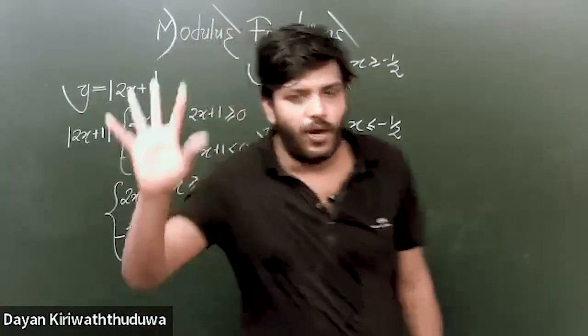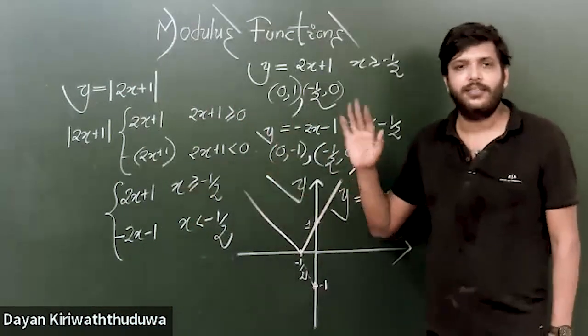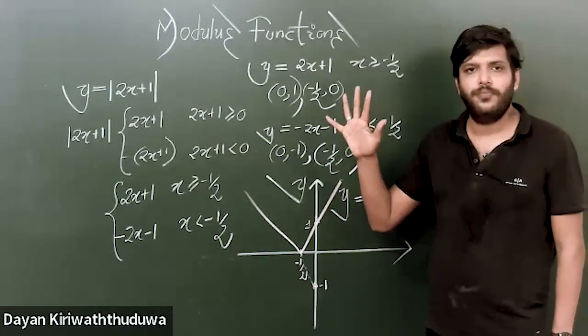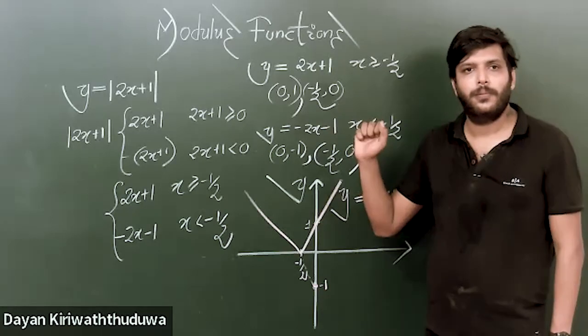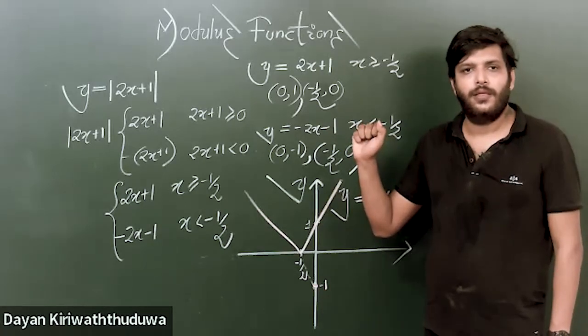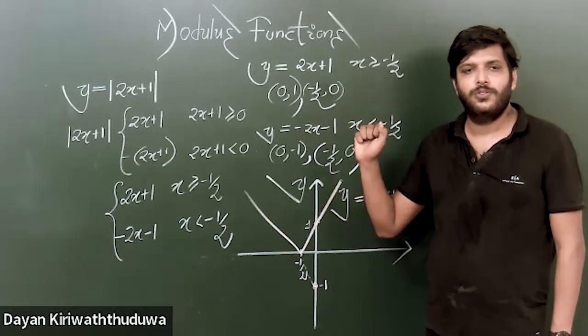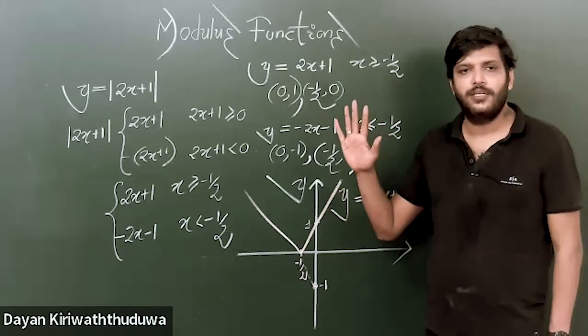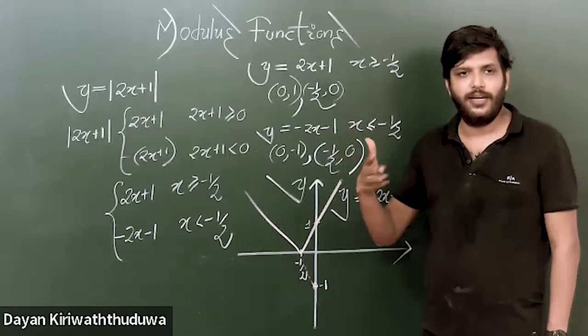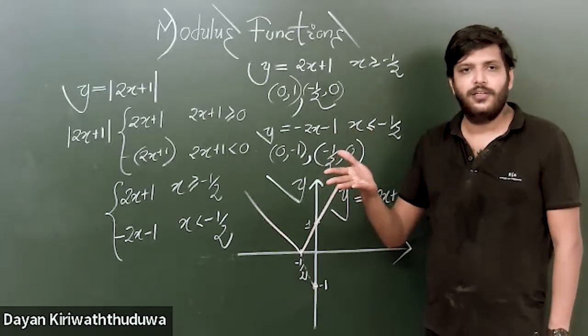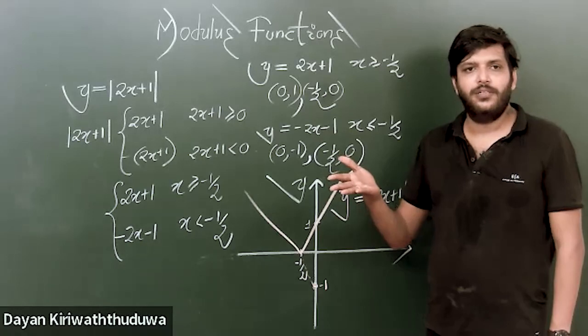Okay, hands up the people who understand this completely and you have done it correct. So out of 15, how many? Right. So 8 people.